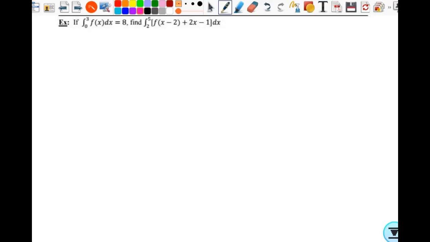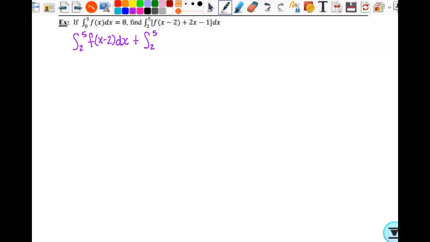All right, so I have the integral from 0 to 3, and I want to find from 2 to 5. So the first thing I think I want to do is split this up. Okay, does that make sense to split that up? All right, so I'm going to split that up, and this becomes the integral from 2 to 5 of f of x minus 2 dx plus the integral from 2 to 5.